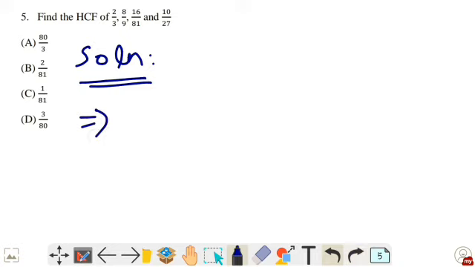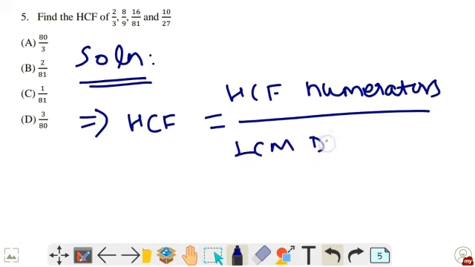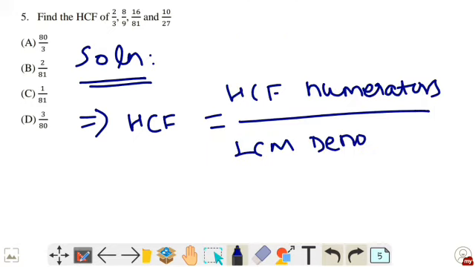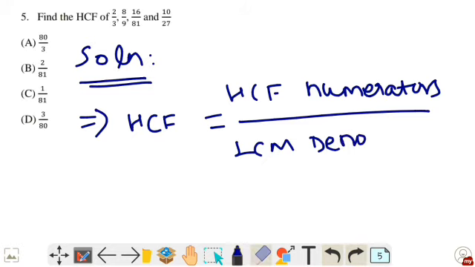That formula is, HCF of fractions is equal to HCF of numerators divided by LCM of denominators.